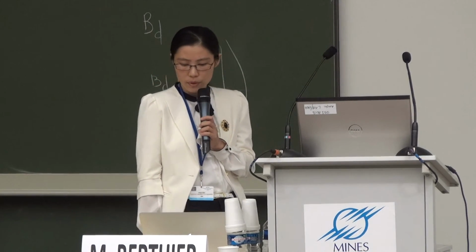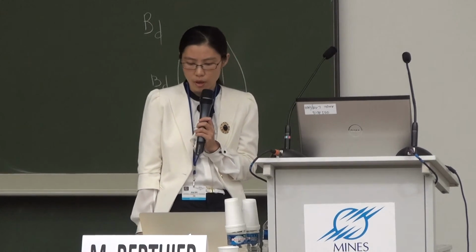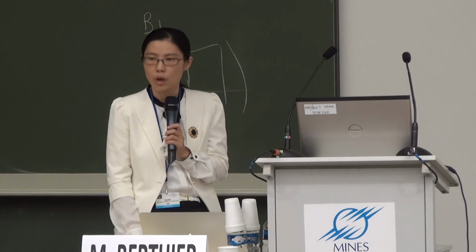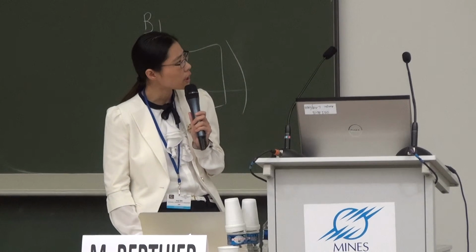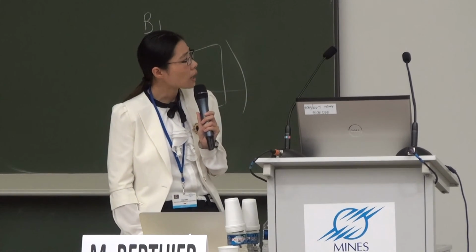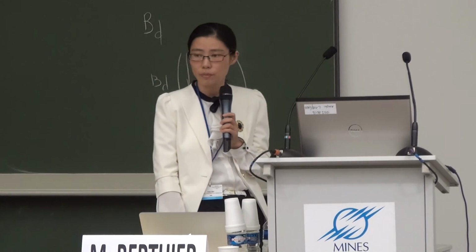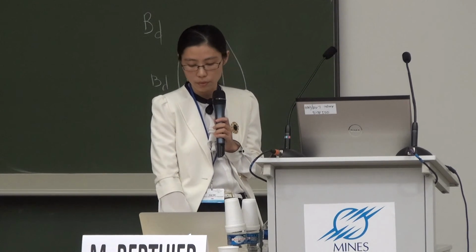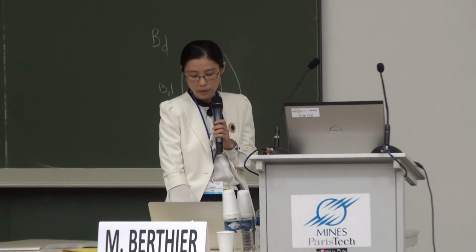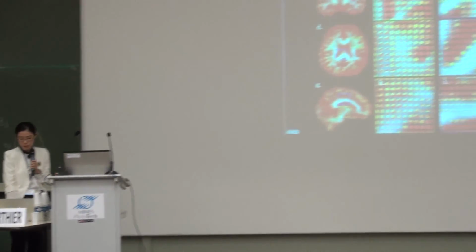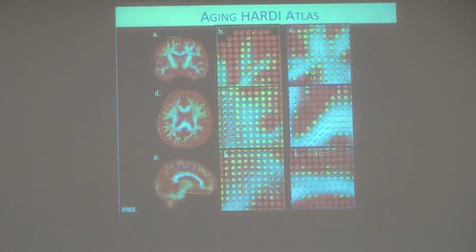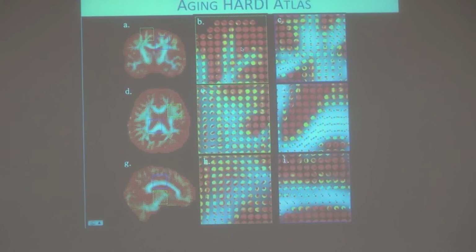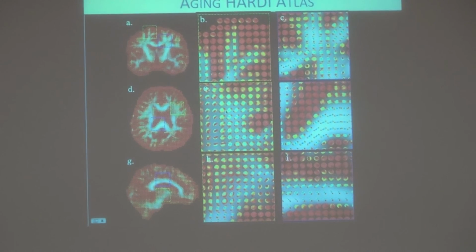Finally, I'm going to briefly show one of the results we have using this approach. We generated an aging atlas using 200 subjects, aged from 22 and above. As you see, in the crossing fiber regions in the green box, we still retain the sharp structure.